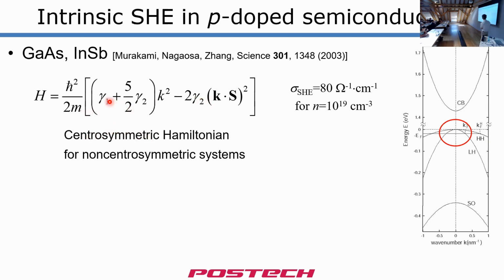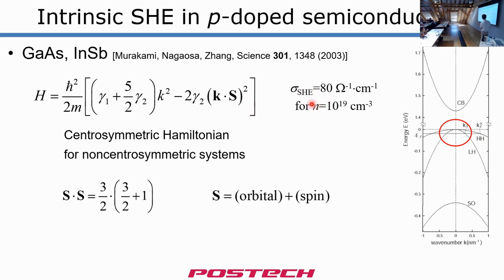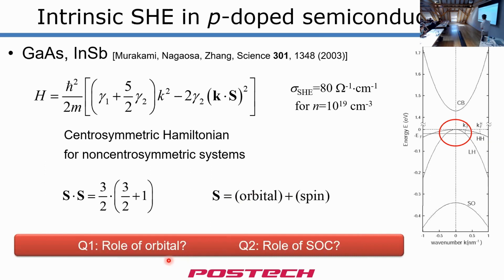And from this centrosymmetric Hamiltonian, they demonstrate the spin Hall effect. One strange thing is that here the spin is not a real spin, but a combination of orbital degree of freedom and spin degree of freedom. So maybe we can ask, what is the role of the orbital here? And what is the role of the spin-orbit coupling in this material?